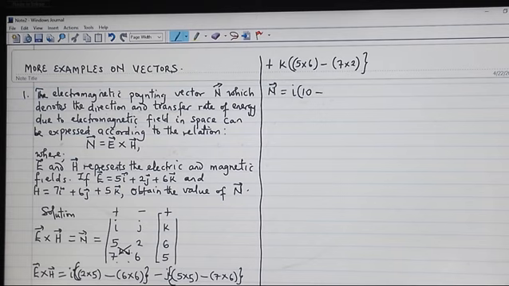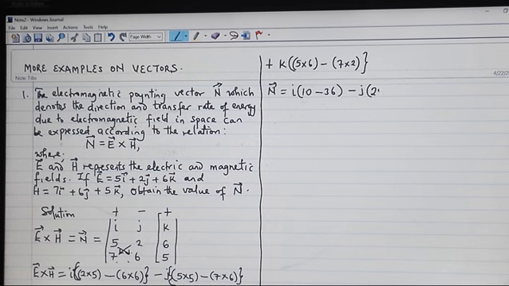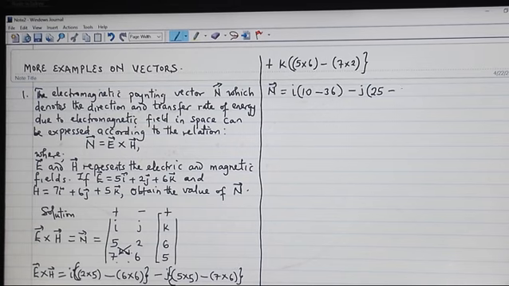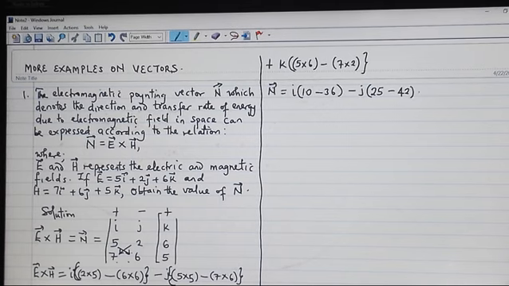So 10 minus 36, close the bracket, minus j into 5 times 5 is 25 minus 7 times 6 is 42. So we say 25 minus 42, plus k into 5 times 6 is 30 and 7 times 2 is 14. So 30 minus 14, we close the bracket.